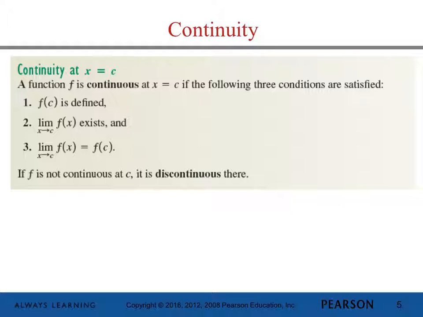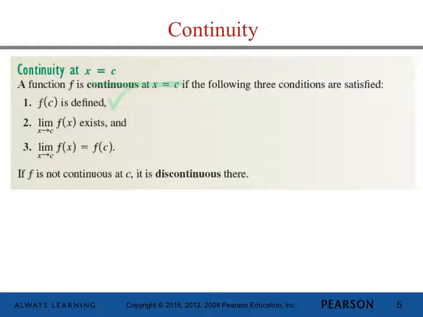So this is the mathematical definition for continuity. Actually, this is a test for continuity. And basically what we say then is that a function is continuous at x equals c if, first of all, f of c is actually defined.